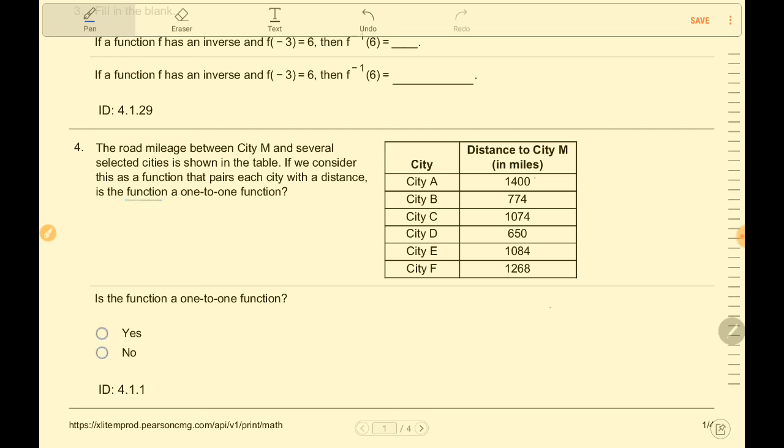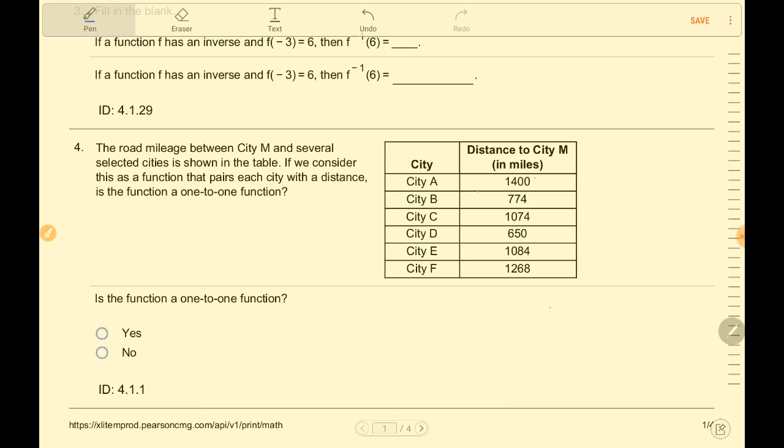So we could assume it's a function because it says with a distance, the road mileage between several cities is shown. If we consider this as a function, so assuming it is a function, then is it also a one-to-one function that we can invert? Is it possible to find a function that will invert this function?